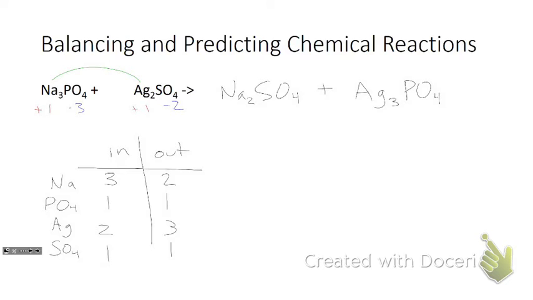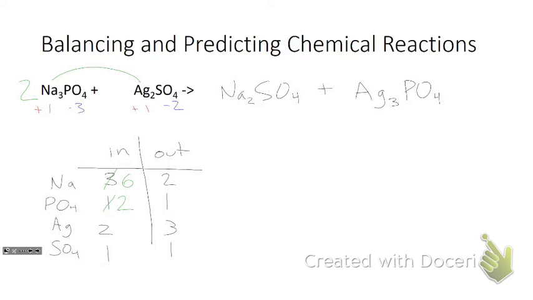So we need to get these numbers to get to 6. Okay, so how will I get 3 to 6? Well, if I just multiply it by 2, right? So I'll throw a 2 up here. Now I'll fix my in and out chart. So now I have 6 sodiums going in. I have 2 phosphates.